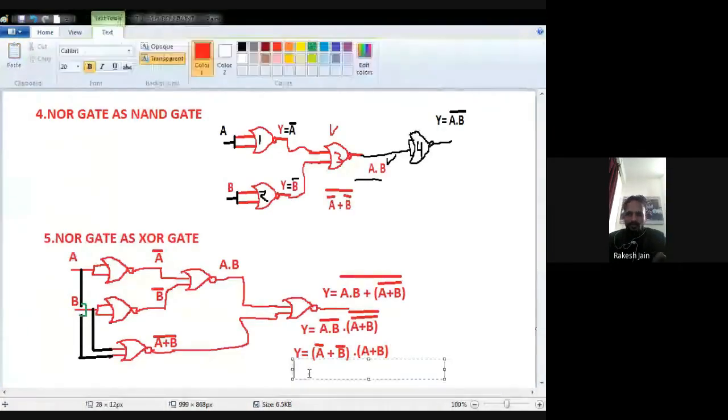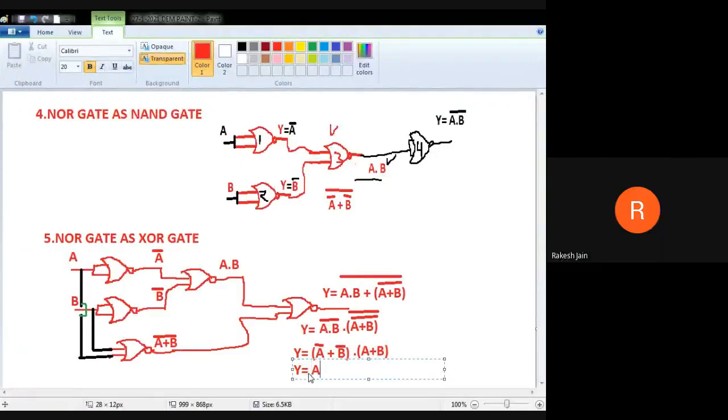Okay, now multiply, the first A bar will be multiplied with A. Whenever X is multiplied by X bar, X bar is just the complement of X, so if X is 1, X bar is 0. If X bar is 1, then X is 0, so multiplication will result in a 0, so A bar dot A will be 0.